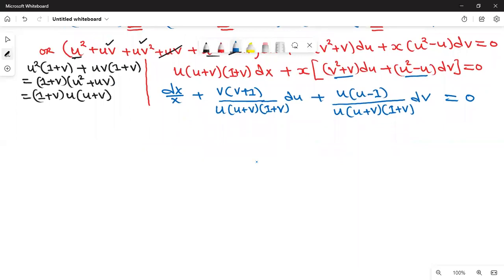this last two terms. You see, v plus 1 will cancel with v plus 1. The u will cancel with u.